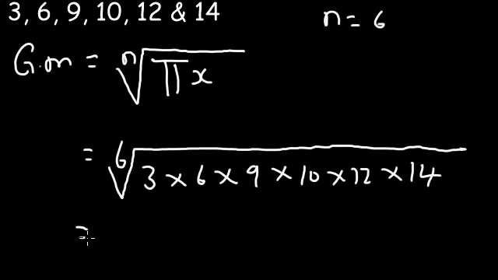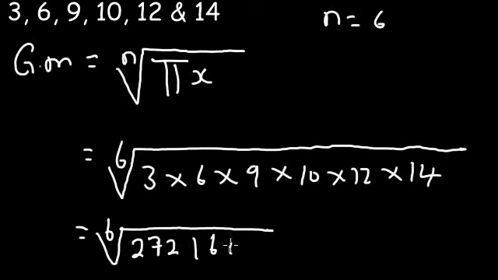So for the product, I got 272,160. So we have the 6th root of 272,160. If we find the 6th root of that, we are going to get 8.05. So this is the geometric mean of the distribution on the board.